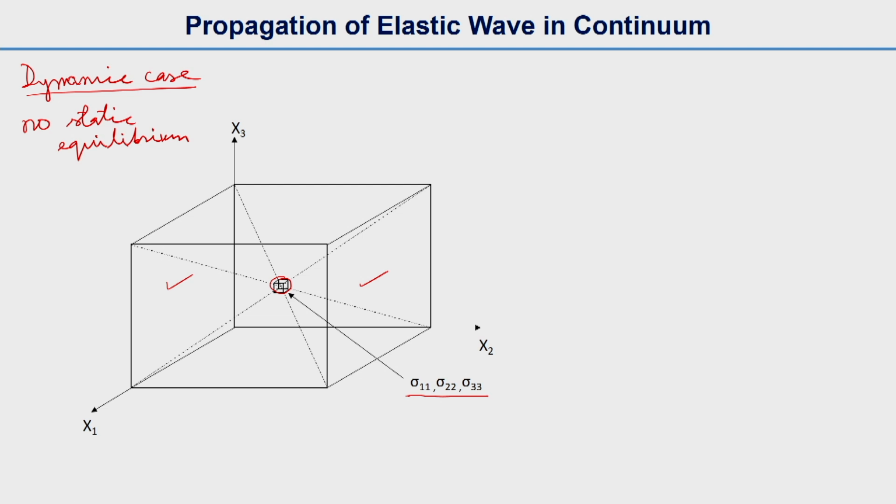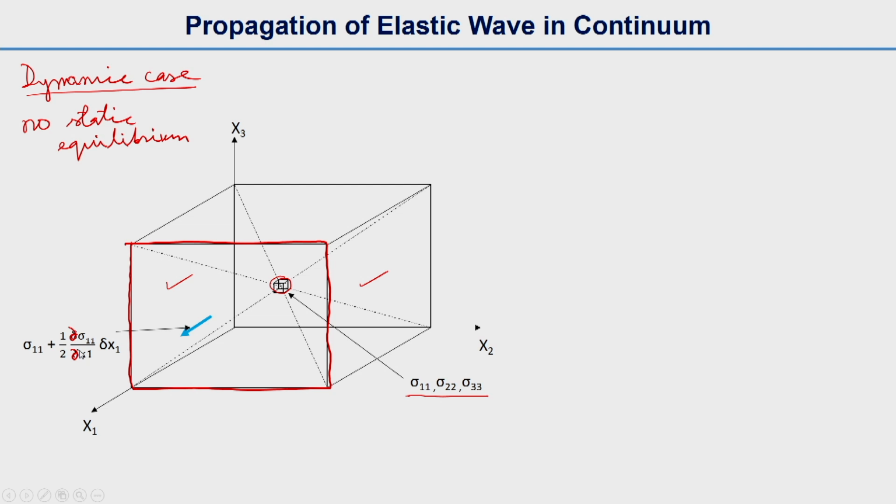So if you see the front face now, the stress acting here is sigma 1 1 plus half of the partial of sigma 1 1 with respect to x1, times delta x1.